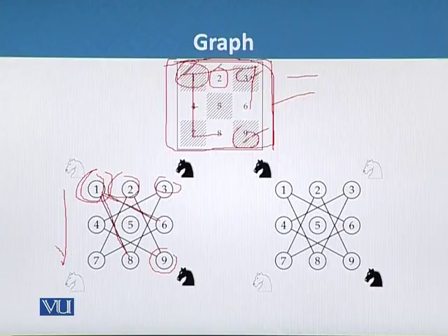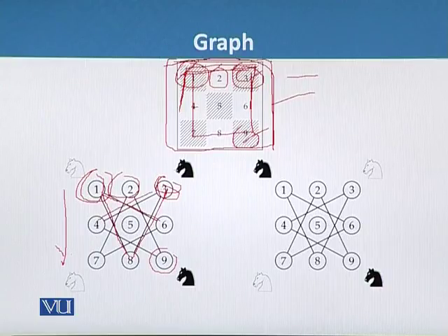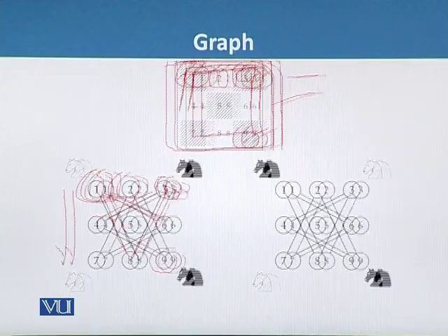If it is at position number 3, for example, it can move to position number 8, and it can also move to position number 4. So 8 is connected with 3, and similarly it can move to position number 4, then 3 is connected also with 4, and so on. So these lines show to which positions the horse can move from its original position.